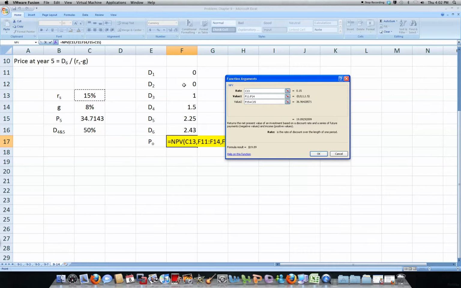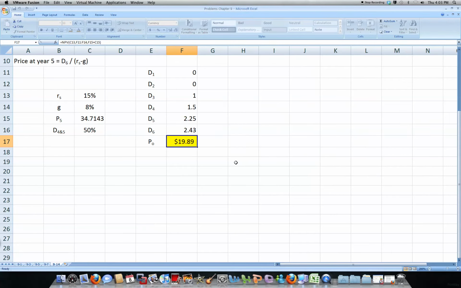That would be our values. And we just use those using the net present value function. Say OK, and it discounts them all back. And now we find our stock price at time period 0 equals $19.89. Good luck.